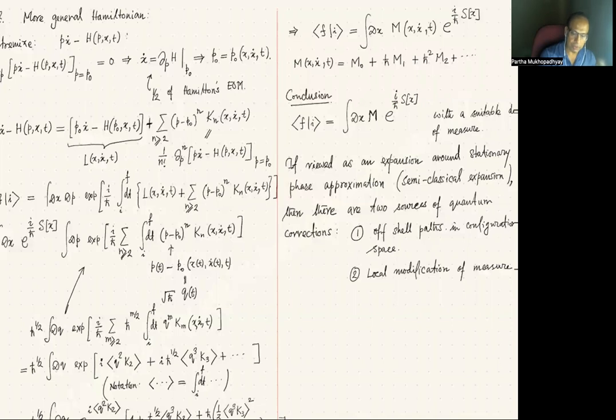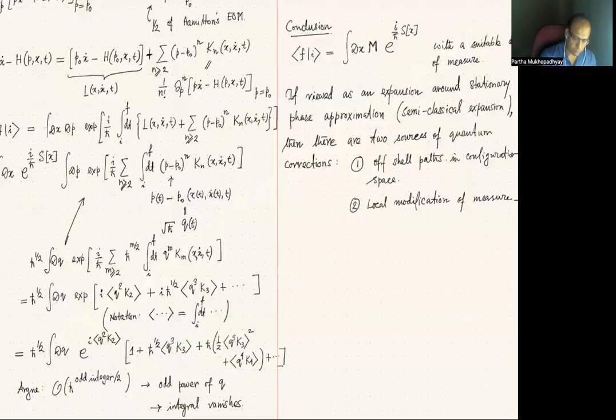you have additional factors, and this can be viewed as a local modification of the measure. First of all, what is local modification? If you look at this calculation here, there are two things: this p integral, this t integral, and then p minus p naught has been written in terms of q, and therefore we have a q integral and a t integral.